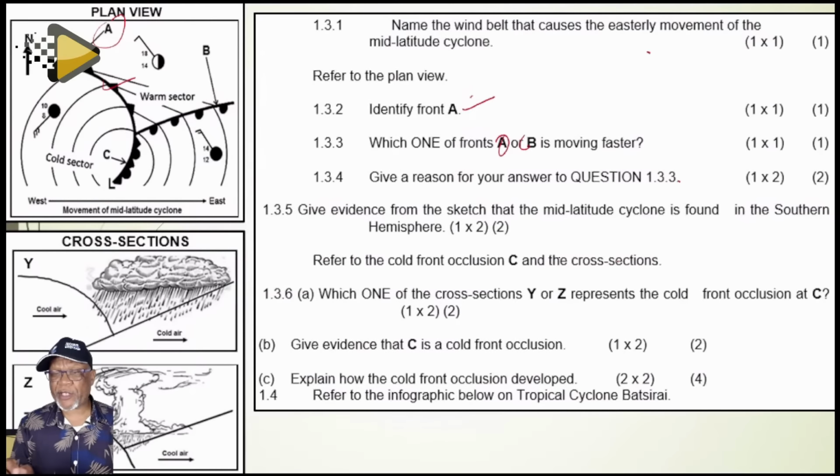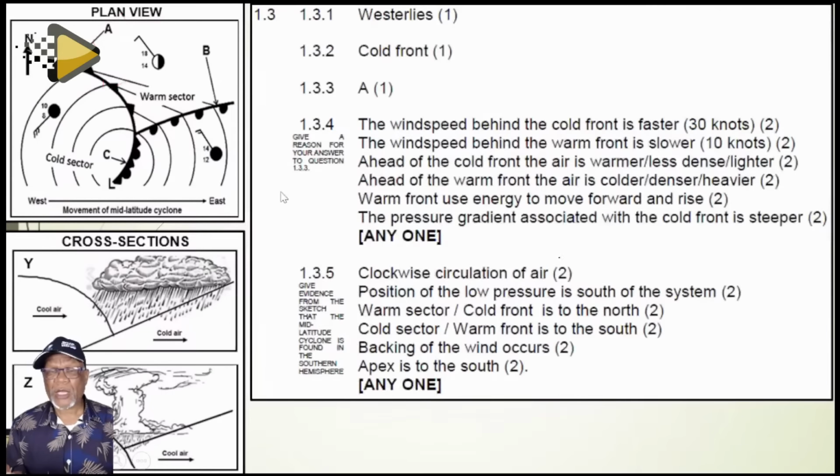They say, give evidence from the sketch that the mid-latitude cyclone is found in the southern hemisphere. What is the evidence? It is because the wind speed behind the cold front is faster.